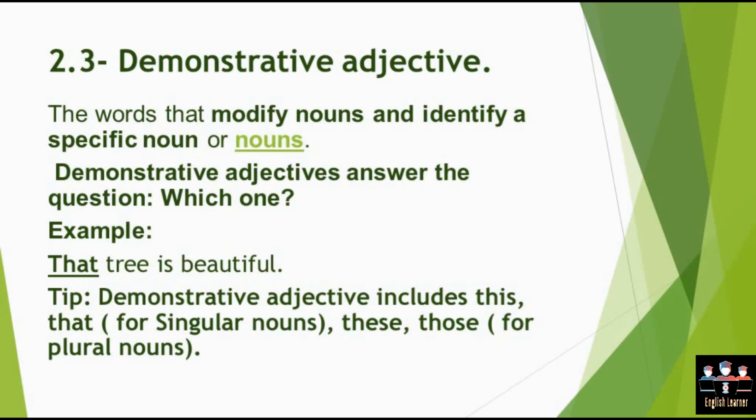For example, that tree is beautiful. Now in this example, that is the demonstrative word, directly linked with the tree which is beautiful. If you ask which tree is beautiful, it will answer you: that tree is beautiful. Demonstrative adjectives include this, that for singular nouns, whereas those and these for plural nouns.